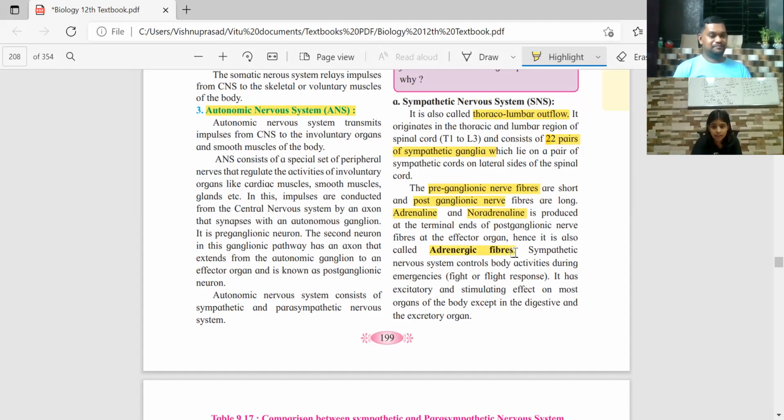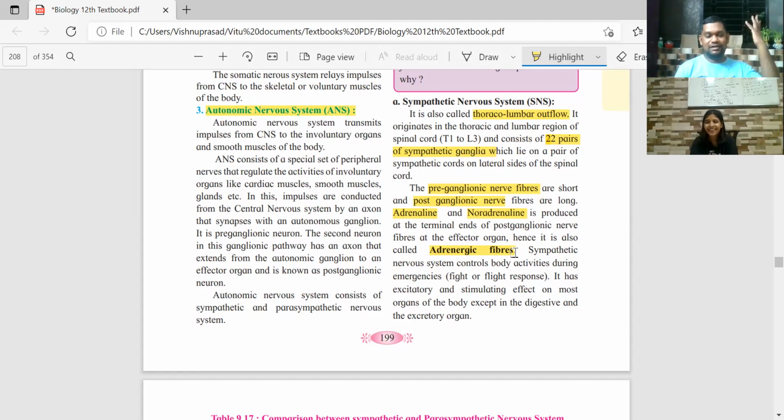They secrete adrenaline and noradrenaline, which is also known as the FFF hormone. What is that? Fight, flight, fright.